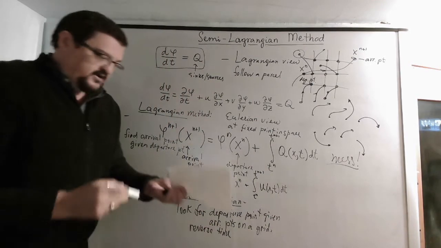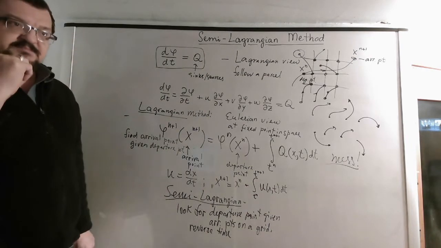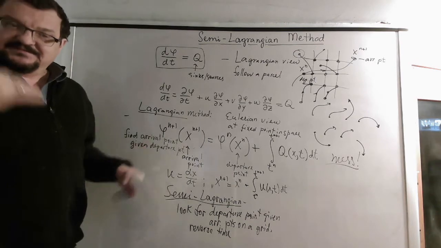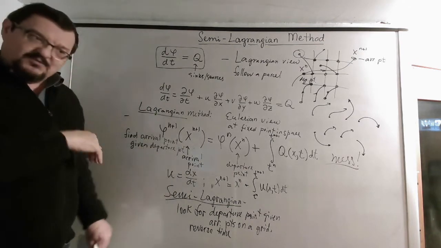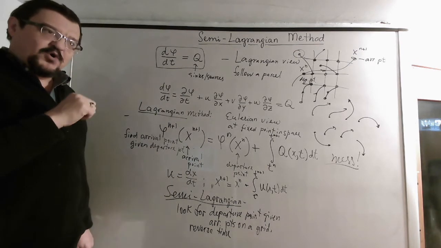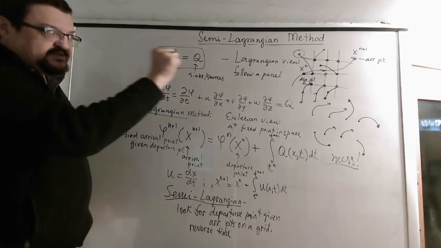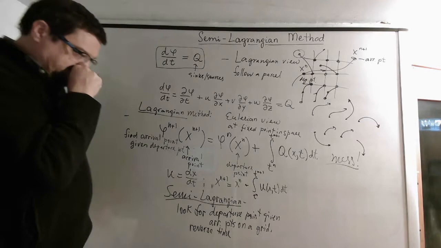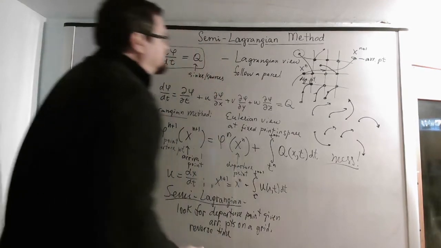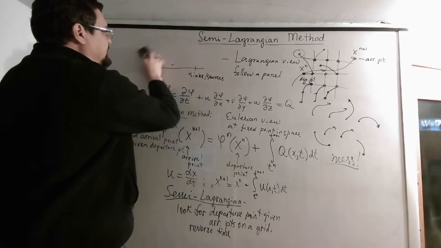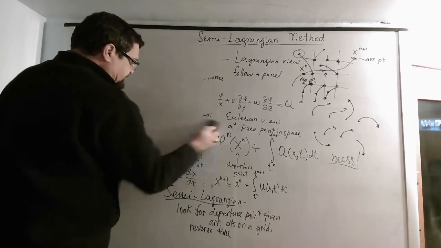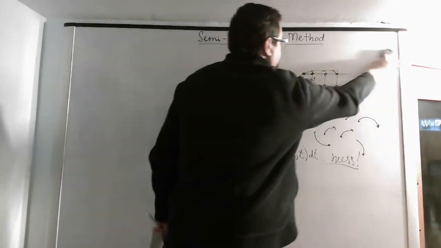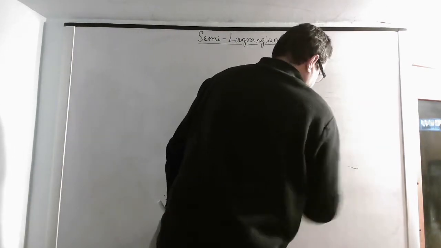Because you know your arrival point and need to find the departure point, you reverse your velocity field and go backwards to see which point the information to this grid position actually arrived from. So let's consider a one-dimensional example of the semi-Lagrangian approach.